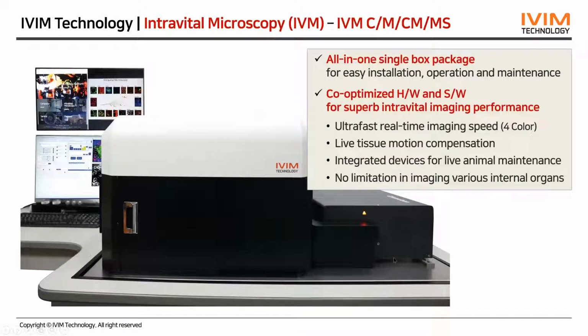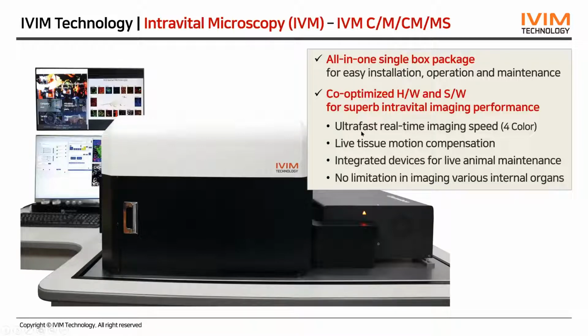Everything required for in vivo imaging of a live animal is integrated in this one single box. So it has several advantages such as easy installation, operation, and maintenance over time. And all the microscope hardware and software is co-optimized for live animal IntraVital imaging.